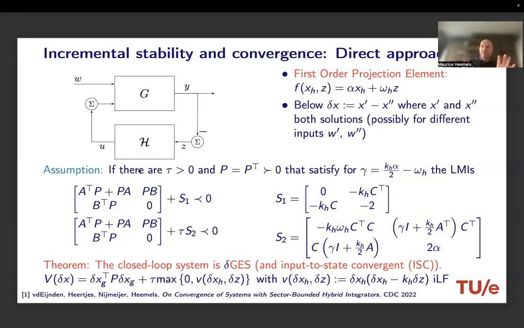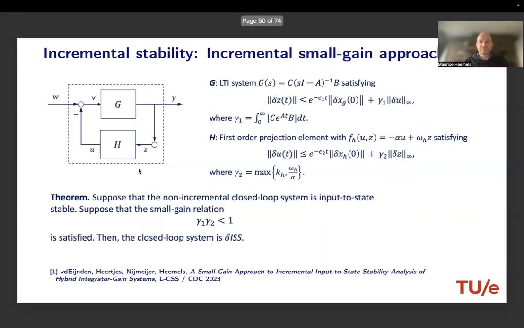These are LMIs, and if they are feasible, we can guarantee for that controller configuration the input to state convergence. So the input to state stability and input to state convergence property give us, for periodic inputs, unique, globally asymptotically stable periodic steady state responses.